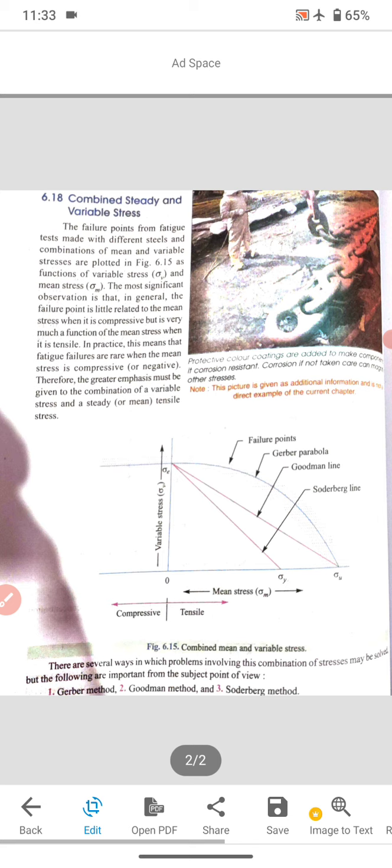Individually we had seen the steady stress, like the equation M by I equals sigma by y equals psi upon r, and the variable stress also, with the help of a graphical method for finite life.